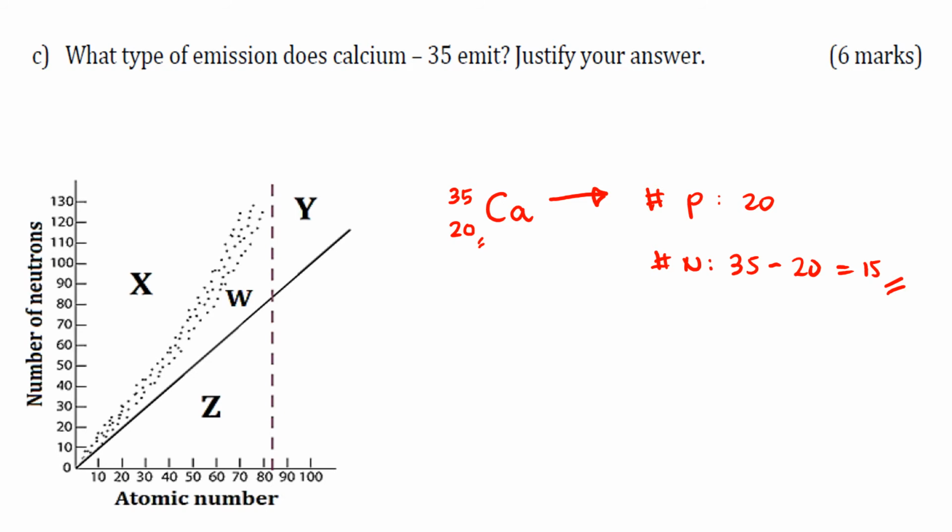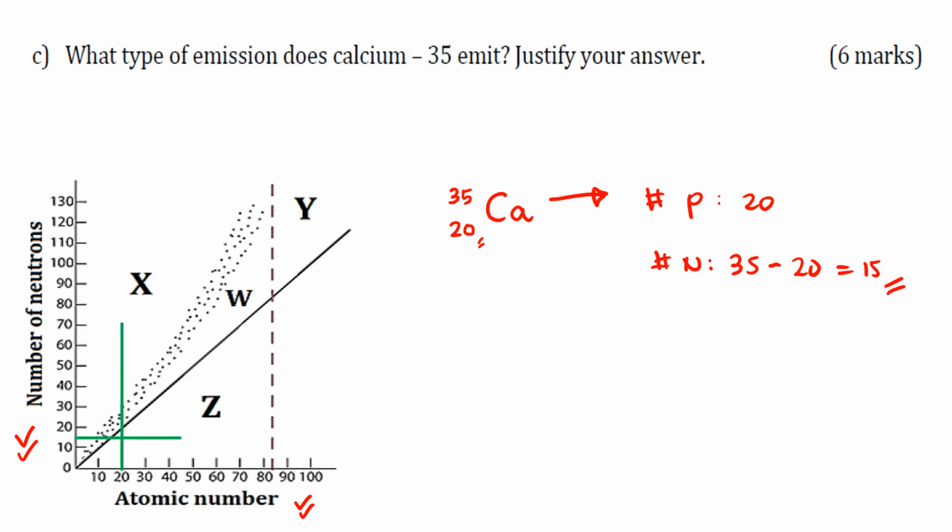If we are going to graph this in our number of neutrons versus atomic number graph, for the number of protons, that is actually related to the atomic number, so we have 20. Let's symbolize it with a green line. And the number of neutrons would be 15.